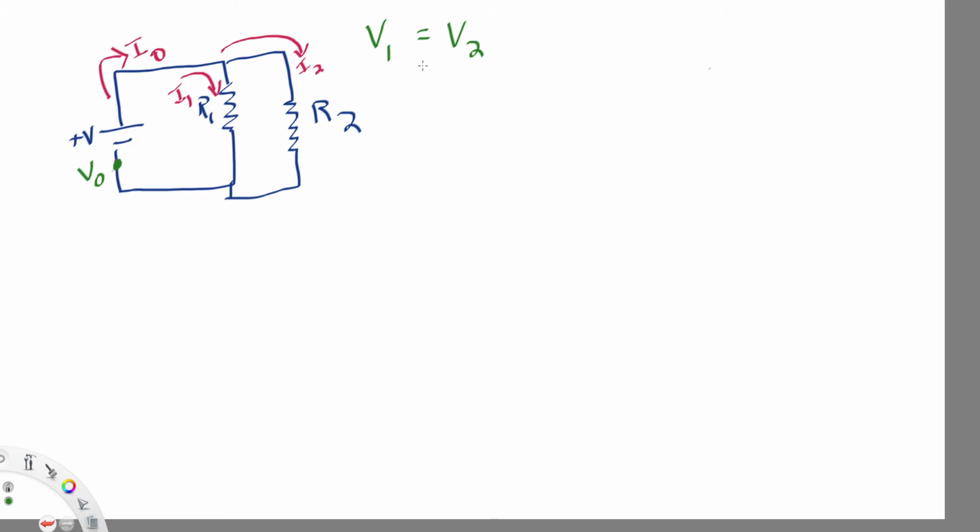But here, it's the voltages that have to be the same, but we don't have to split the currents equally. So I1 R1 equals I2 R2 equals, right, whatever voltage change that is.